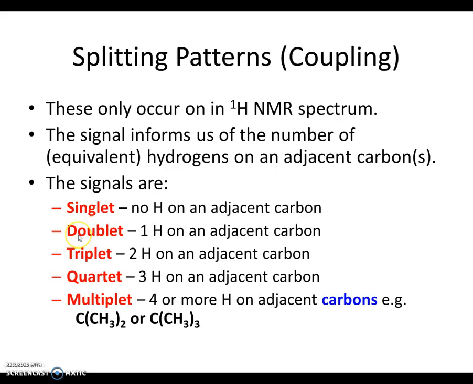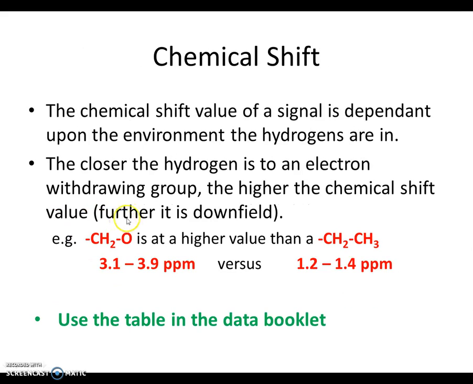So that's why we get 2 lines when there's only 1 hydrogen next door, 3 lines when there's only 2 hydrogens next door, 4 lines when there's only 3 hydrogens next door. We get a singlet when there's no hydrogens next door on a carbon, because we have to have a zone for that signal itself.